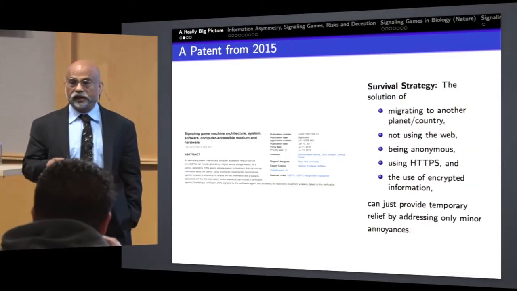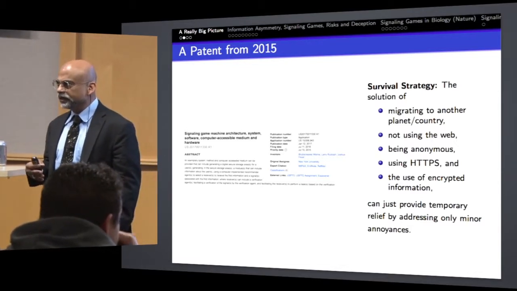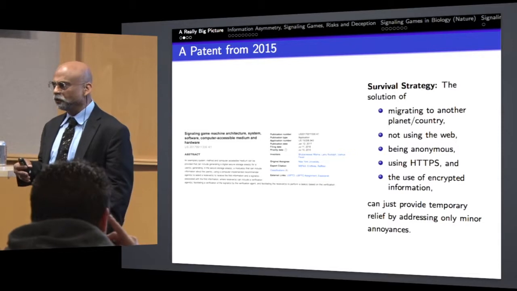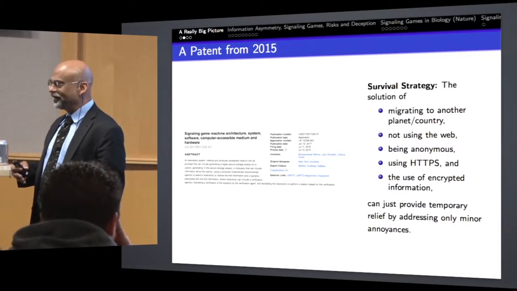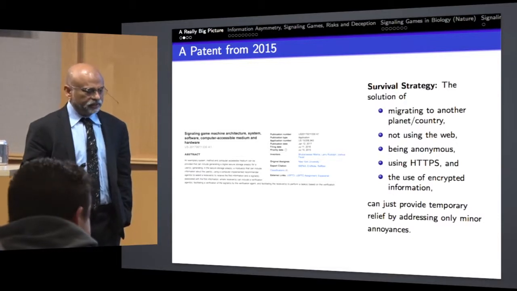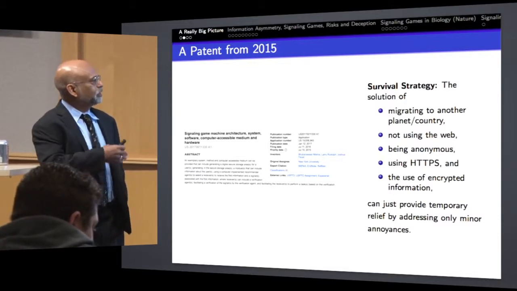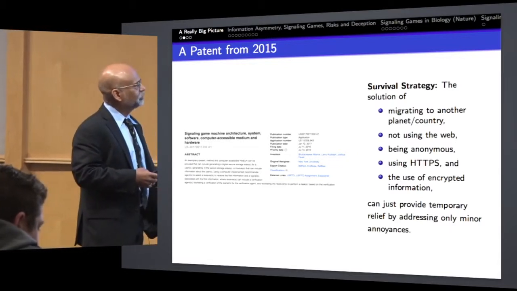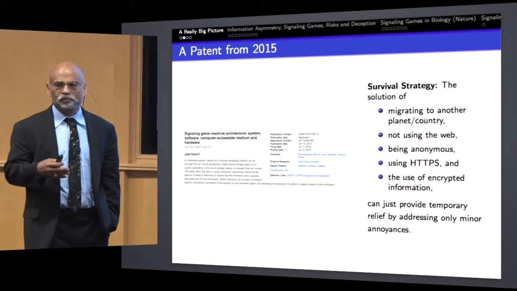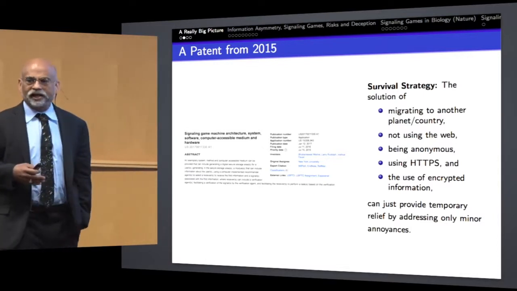We actually started thinking about deception in technology around 6-7 years ago, and we thought it was important enough to patent it. So I'll talk about the IP that we hold in mitigating deception. There is a paragraph in the patent that says what will be your survival strategy. The solution of migrating to another planet or country.